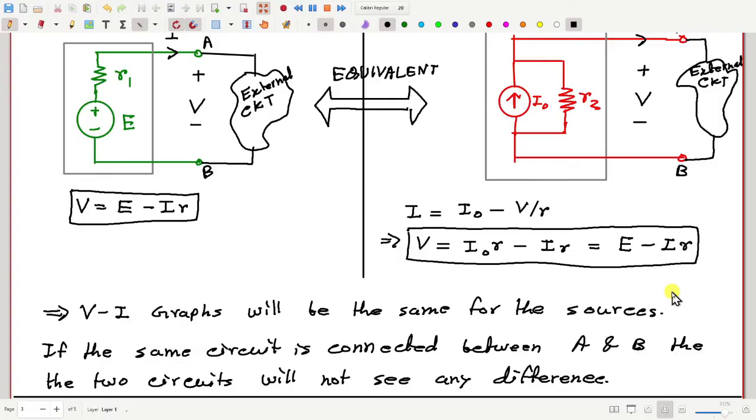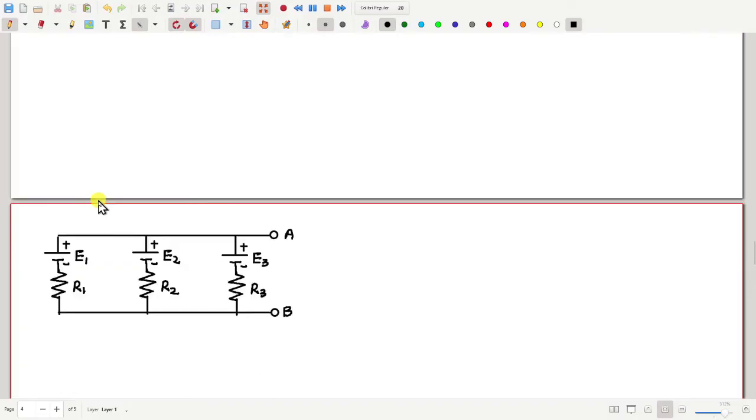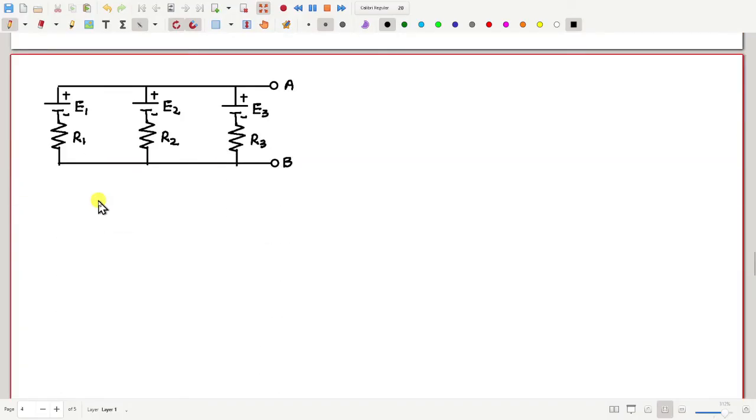Okay, sir. So now maybe we take a small example, a small problem. Let me take this example. So we have a circuit, basically three voltage sources with some series resistances.